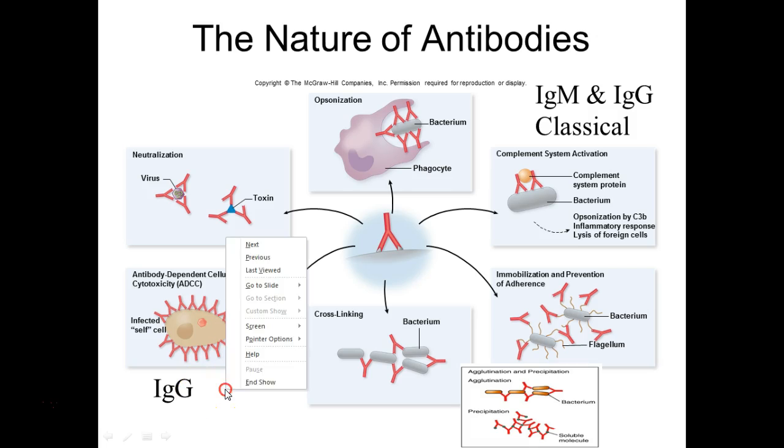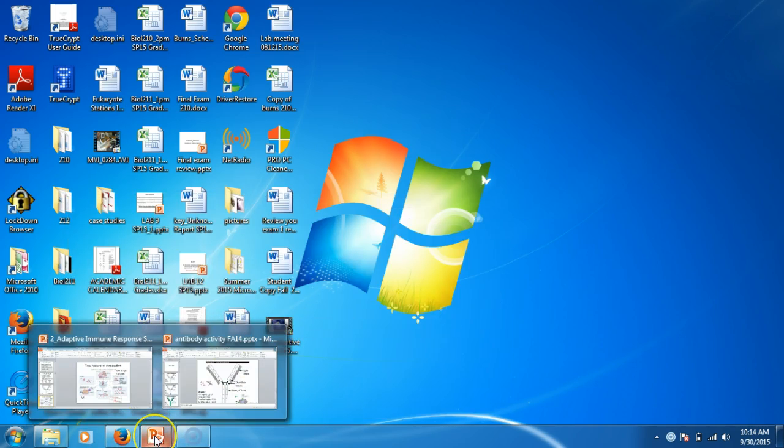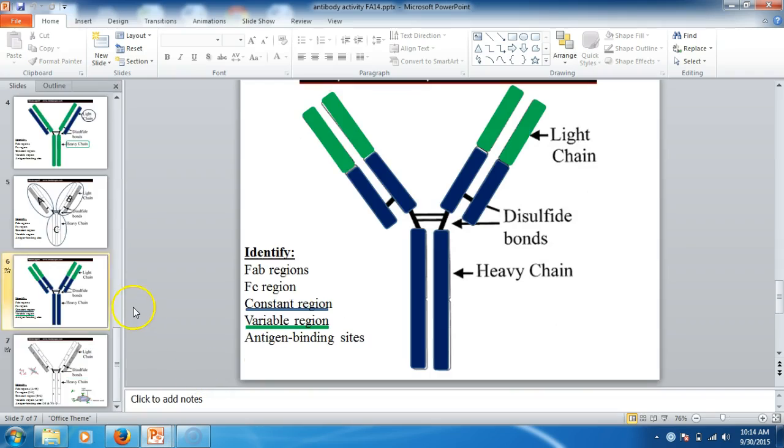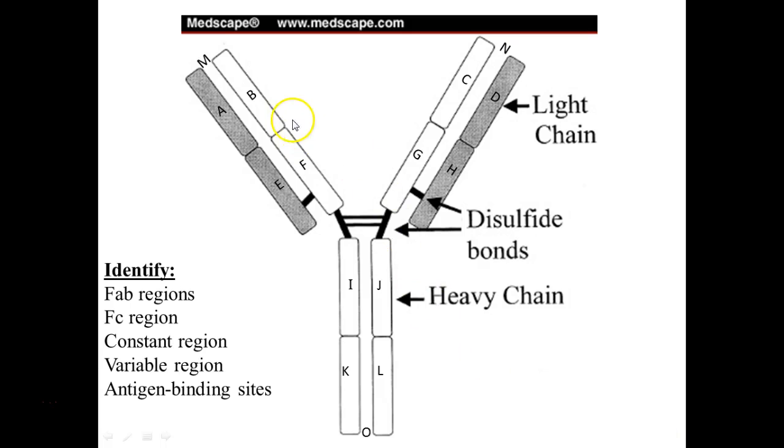So let's see. I'm going to go over to my other PowerPoint that I'll post for you guys. So hypothetically on the test, right, I could label each one of these, right, a different letter, and you should be able to tell me, right, multiple choice wise or matching wise, what each one of these letters represent, right?